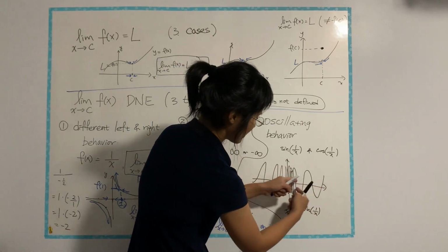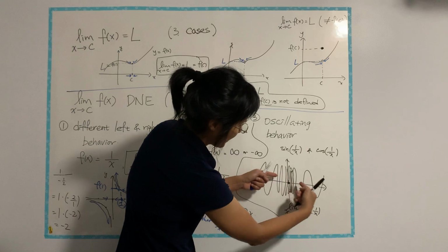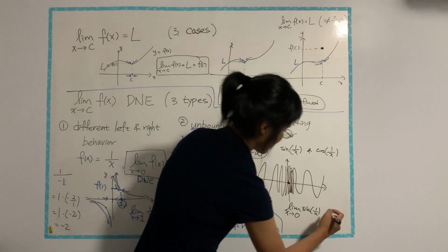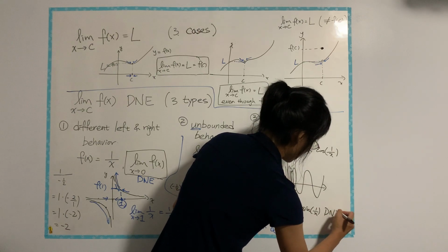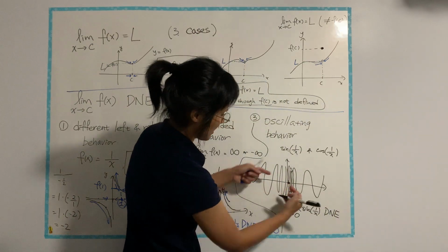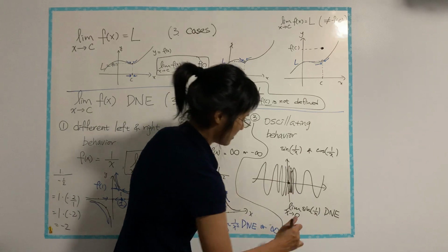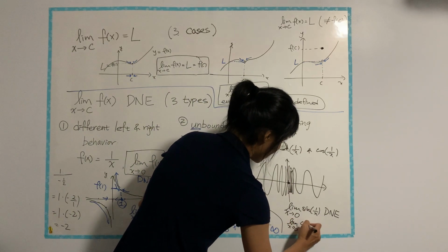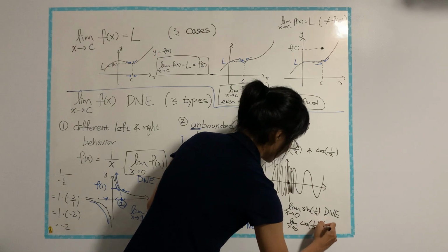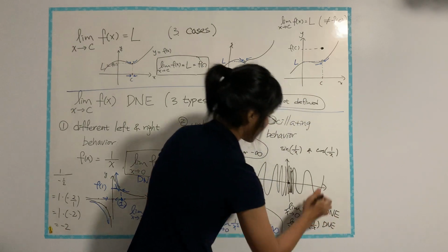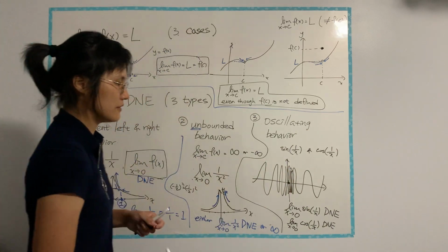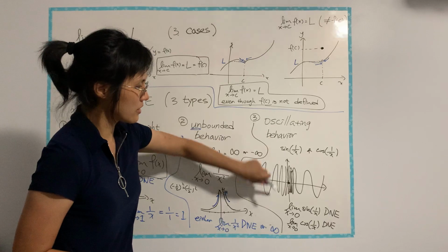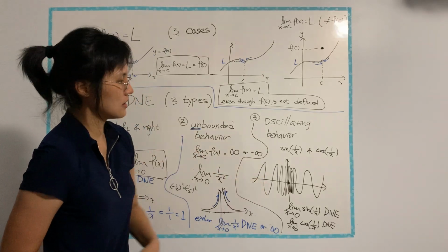This is fine, but all the way to the center, it goes crazy, so it does not exist. And the reason why it does not exist is because of this crazy oscillating behavior. Same for the other one. Cosine of 1 over x also does not exist, because you also see similar oscillating behavior. Okay, so it's just an example that's worth memorizing.